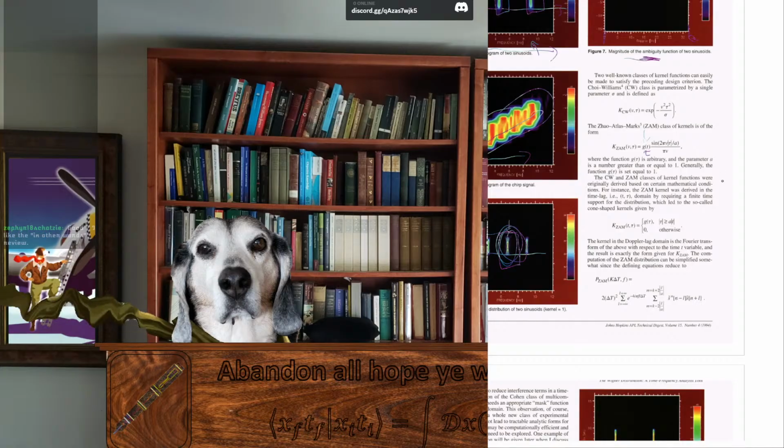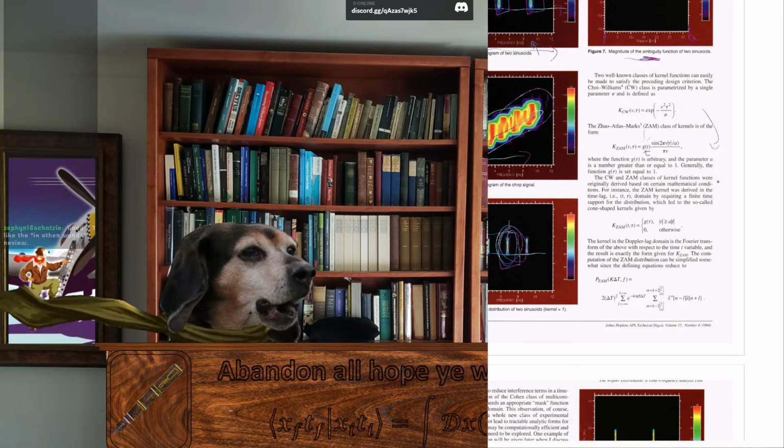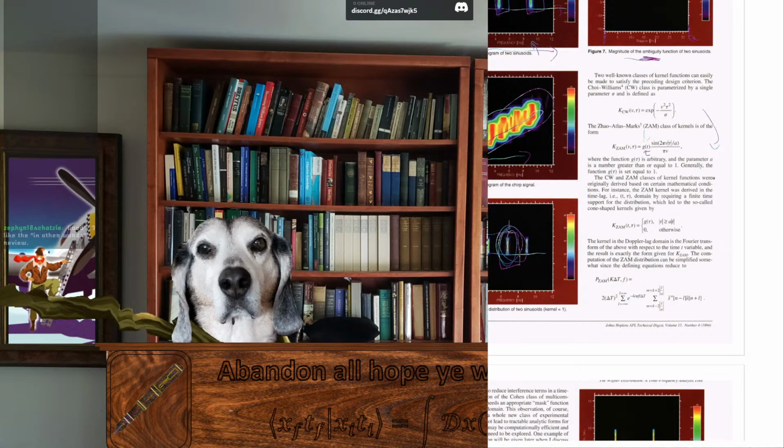The CW and ZAM class of kernel functions were originally derived. Interesting. So then those are very similar. Anyway, CW and ZAM class of kernel functions were originally derived based on certain mathematical conditions.